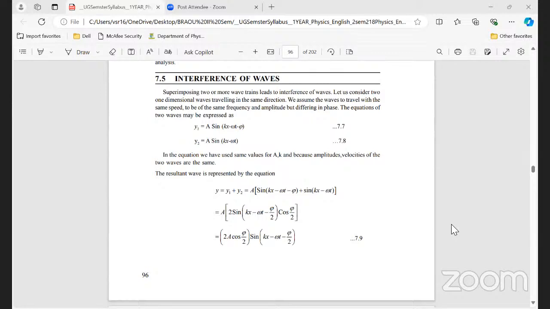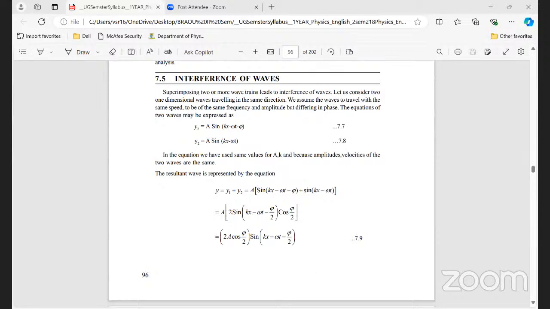Let us consider one-dimensional waves traveling along the same direction with the same speed, same frequency, and same amplitude. Those are in phase, not out of phase.